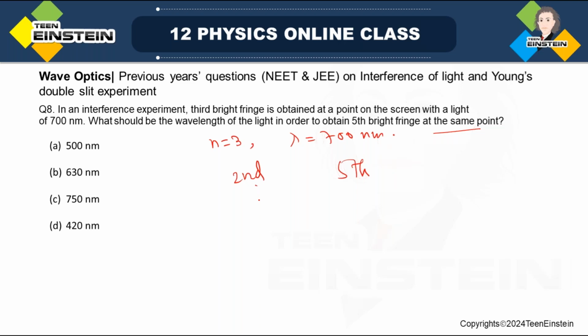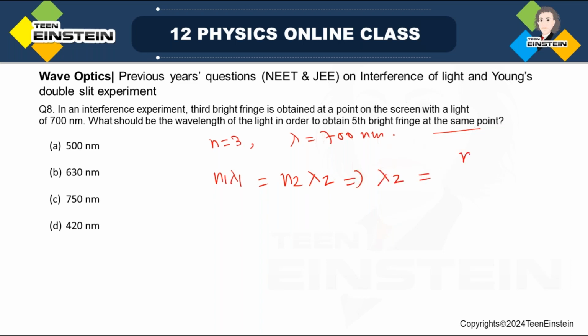So in such a case, you know what you have to do, you just write that this is actually constant. n1 lambda 1, other things are say D by d, right? So these are constant. So n1 lambda 1 is equal to n2 lambda 2. Now you have to find out lambda 2.